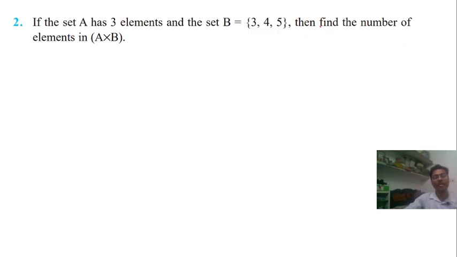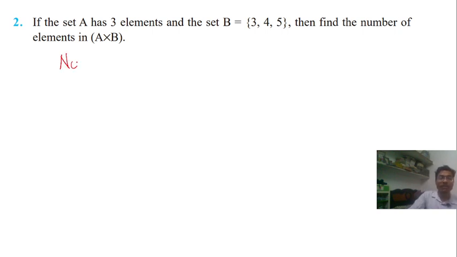Next question. In question 2, they are saying if set A has 3 elements and set B has this many elements, the number of elements in the Cartesian product A cross B is. Okay.